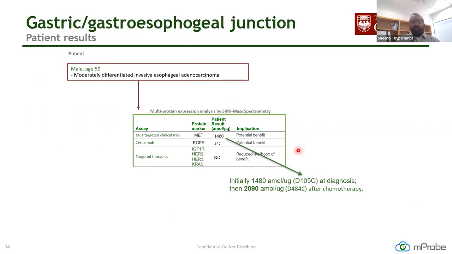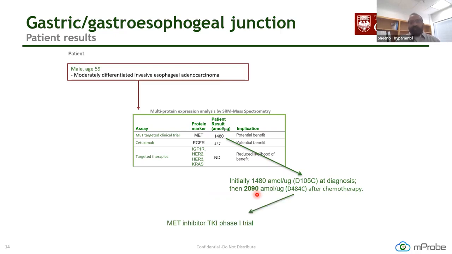We saw the levels of MET were very high in this particular patient, at 1480. The physician continued with the standard of care, with chemotherapy, and then it actually bumped up because that seemed to be a favorite pathway, and that patient had 2090 the next time we examined.